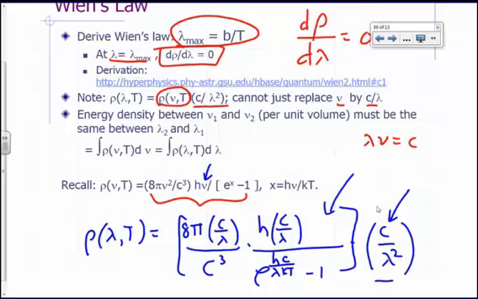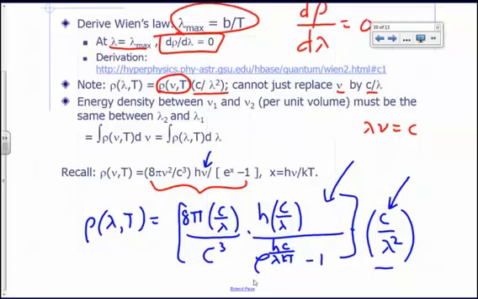Why is that? Well, here's a way of looking at it.